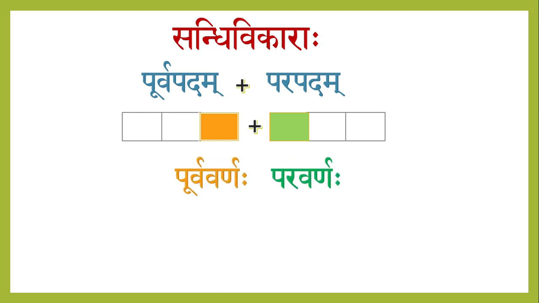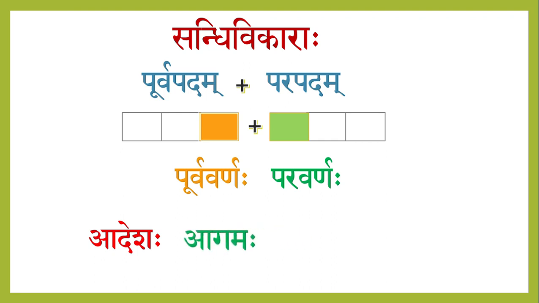This is called Sandhi Vikaraha. I repeat, when the last letter of the Purvapadam and the first letter of the Parapadam come very close, changes take place. These changes are called Sandhi Vikaraha.